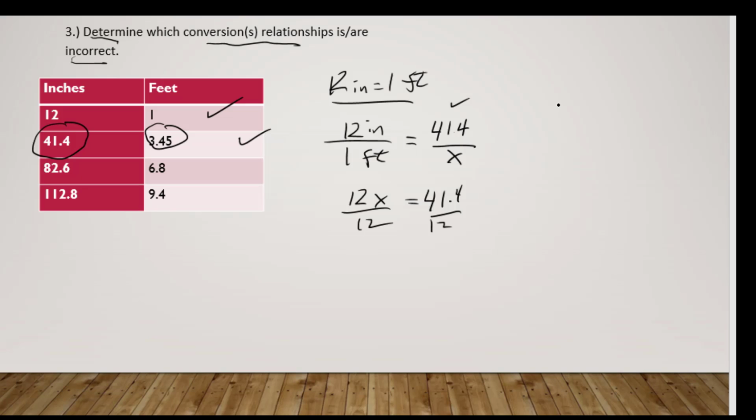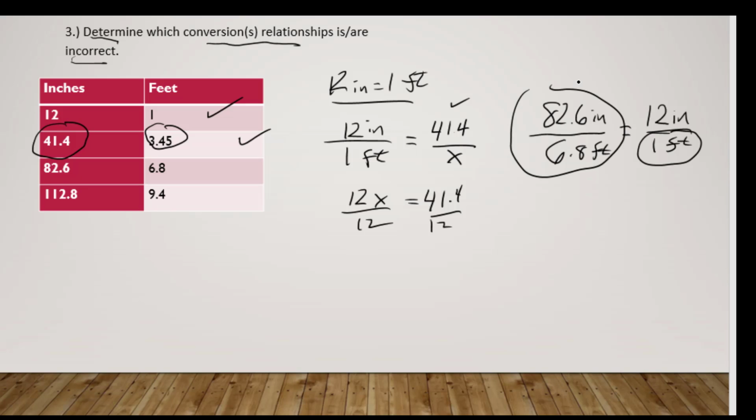I'm just going to take 82.6 inches and divide it by 6.8 feet. And what I should get, if this is a correct ratio of inches to feet, I should get 12 inches over 1 foot. The 1 I'm going to get automatically if I divide these two numbers.